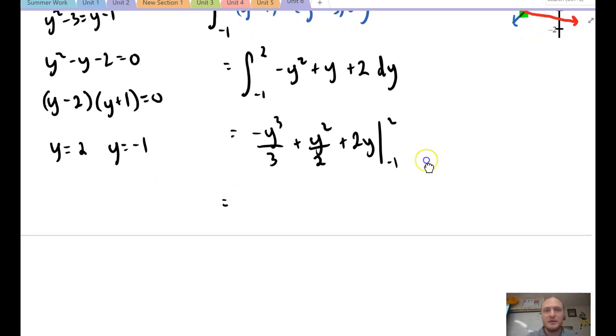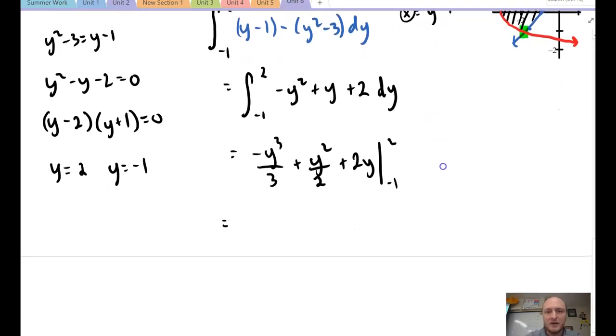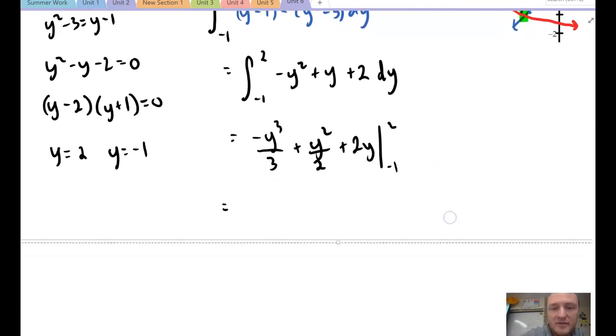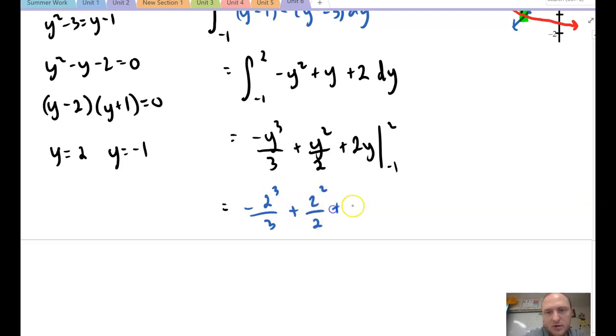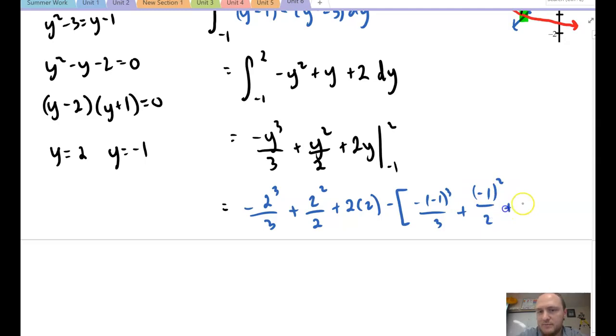Okay, so we'll go ahead and now evaluate. My right curve, which I use blue for this time. So we have negative 2 cubed over 3 plus 2 squared over 2 plus 2 times 2, minus, and I'll put brackets around this, negative 1 cubed over 3 plus negative 1 squared over 2 plus 2 times negative 1.